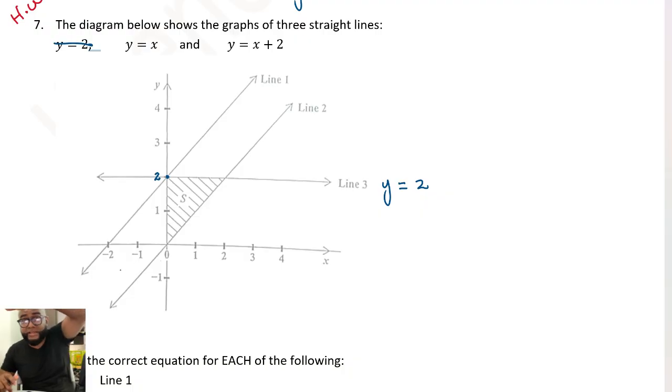Once you have a horizontal line or a vertical line, the gradient of those lines would be 0. I should put that as a note.